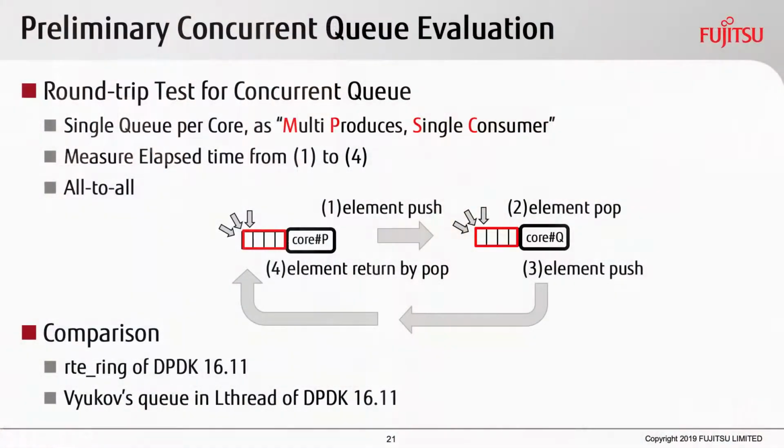This graph depicts the performance evaluation result of a ping-pong benchmark with the RTE ring, which is the default concurrent structure of SPDK. The X-axis is the number of active CPU cores, and the Y-axis is the measured latency. Lower is better.